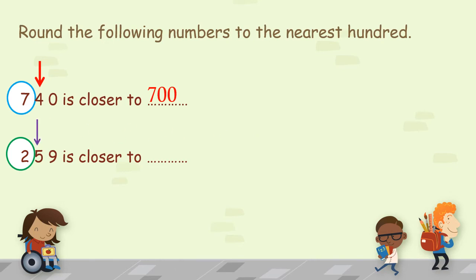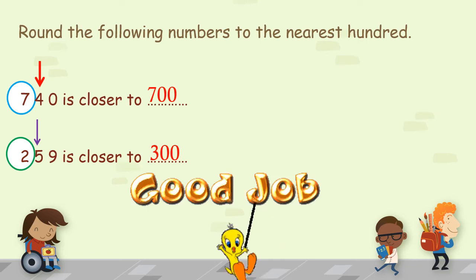Look at your tens, and then your tens is what? 5. So if your tens is 5, 6, 7, 8, or 9, you're going to round up. Yes. So we will go to the next 100. Good job, primary 2.